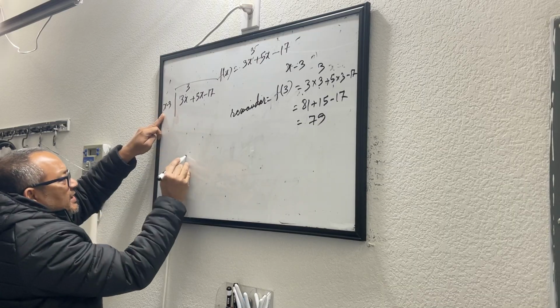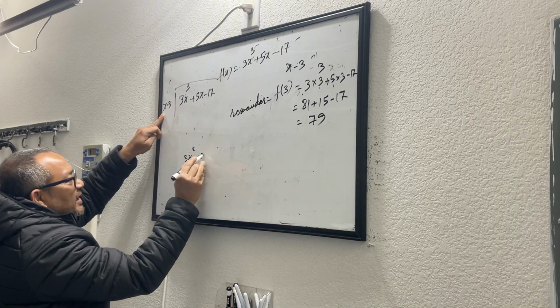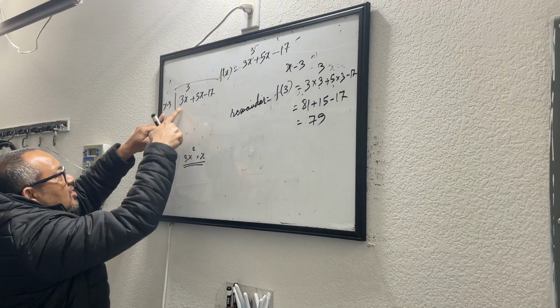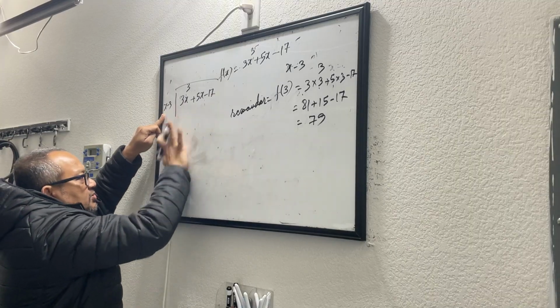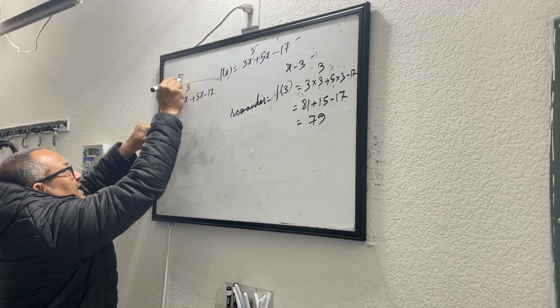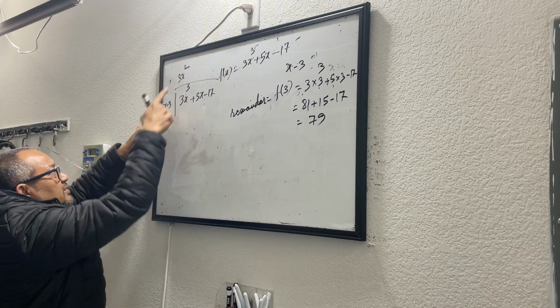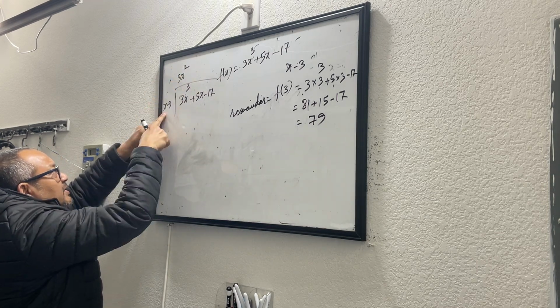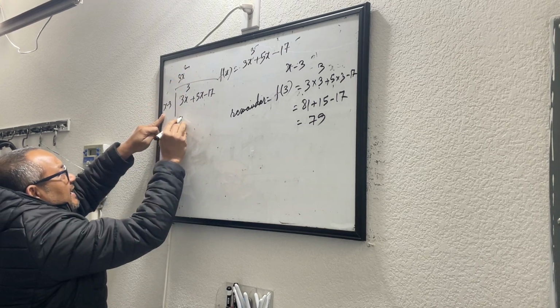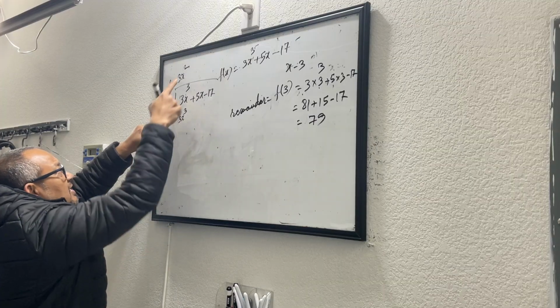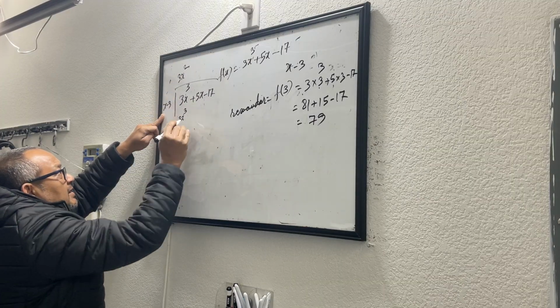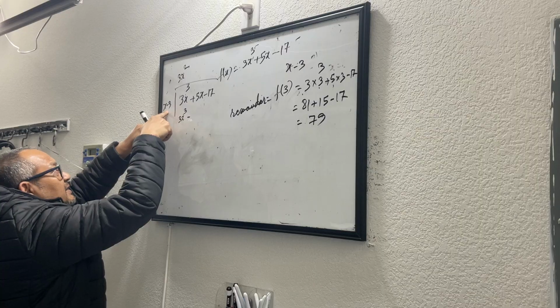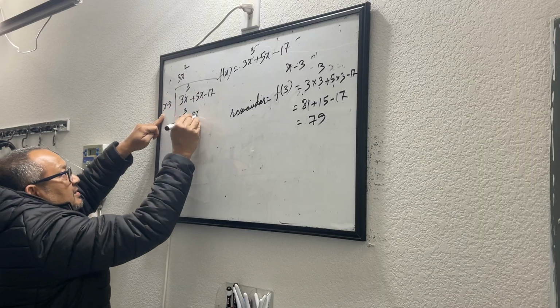So 3x squared into x will help me knock out the first term. If I'm multiplying 3x squared by this, I get 3x cubed, minus 3 times 3x squared is 9x squared.